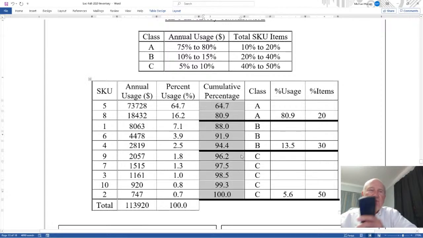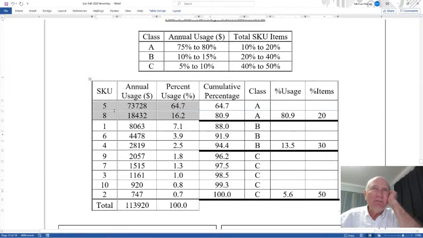Now the reason I do the cumulative percentage, I say, okay, let's start adding up the percentages to see how many SKUs I add up to get approximately 80% of the annual usage of my entire inventory. Well, as it turns out, the top two SKUs, SKU 5 and 8, are around 80% of my total asset.